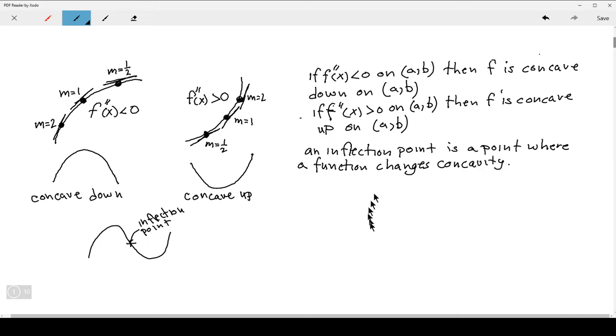Okay, now they occur where the second derivative is 0 or undefined.